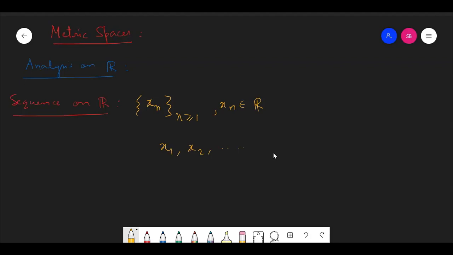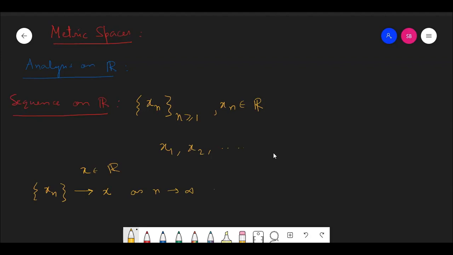So then we know what we mean by a sequence to be convergent in R. We write like this: the xn sequence is converging to some x, where x is in R, as n tends to infinity. This means that xn is converging to x.